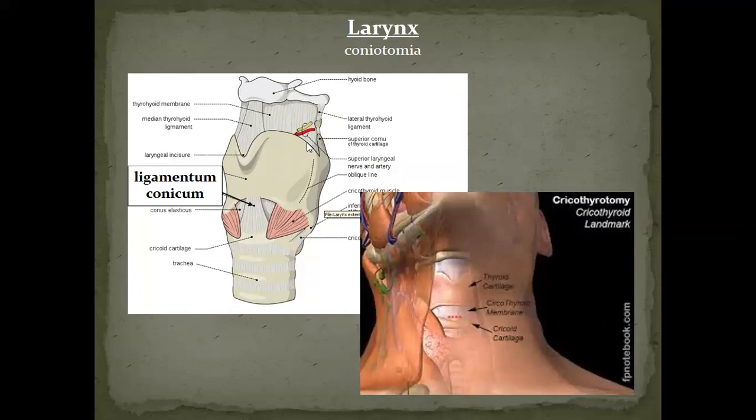There is a clinical importance of these membranes or ligaments connecting the cartilages. We have the ligamentum conicum, the conical ligament, which is found between the thyroid cartilage and the cricoid cartilage. In case of a conicotomy, we have to cut through it.